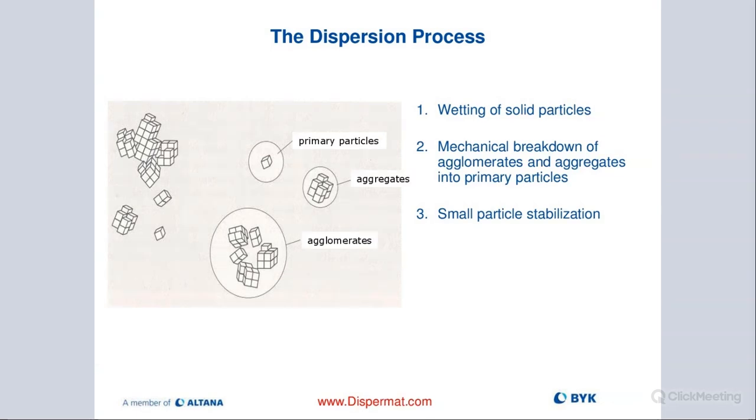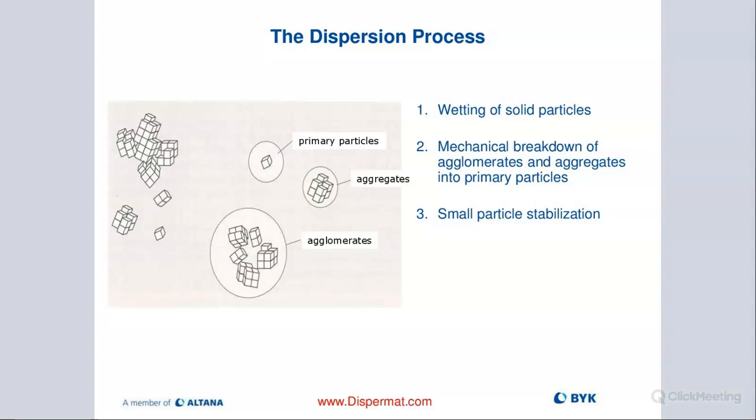So this slide is really nice in the way it shows these different building blocks. Basically, these larger blocks on the bottom here, we call them agglomerates. And these are basically a lot of pigment primary particles that are bound together by these van der Waals forces. And when we are dispersing, we are breaking up these forces and turning these into aggregates.